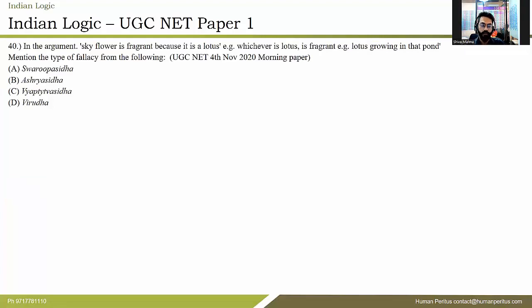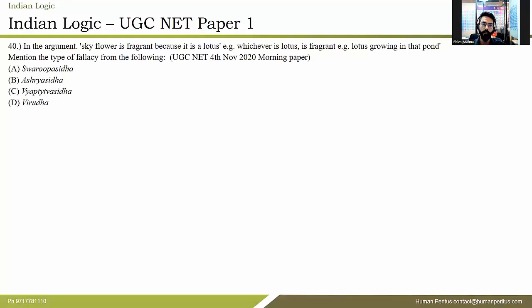Moving on. The next question talks about an argument which is: sky flower is fragrant because it is lotus. Example, whichever is lotus is fragrant, that is lotus growing in that pond. Now, what type of fallacy is this?